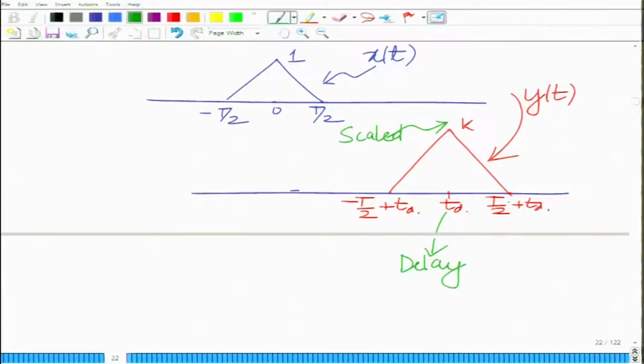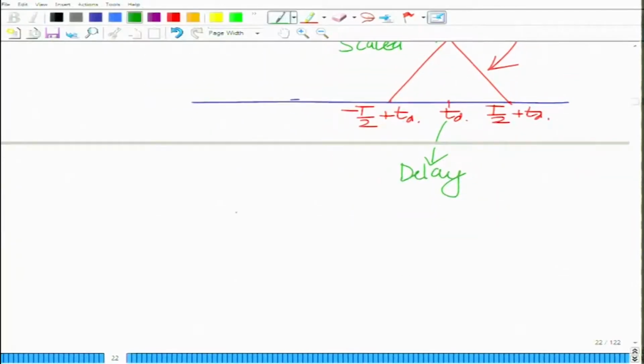If it advances the signal, although technically that would also be distortionless, the system would be non-causal, which is not practically feasible. So, we consider only an amplification or attenuation, that is scaling by a scaling factor k, and also a delay by Td.